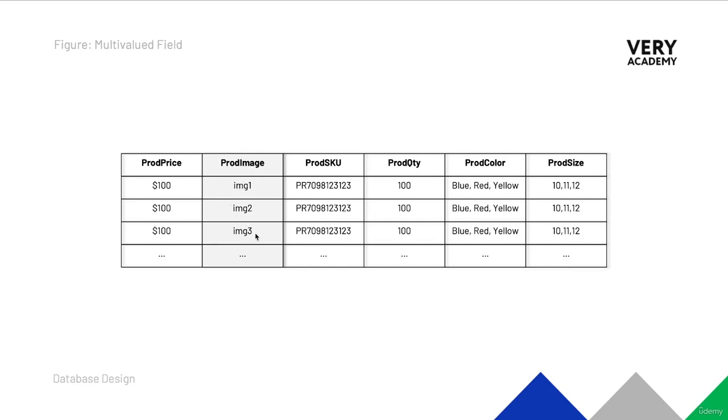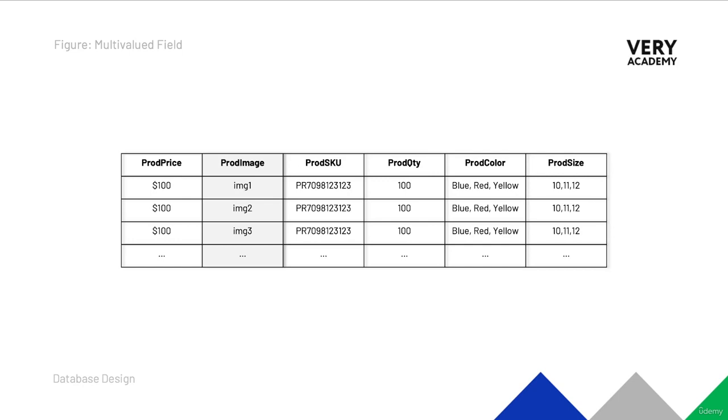So that's one approach. Now you can see here, this approach is going to generate a lot of redundant data. And what I mean by that is that there's a lot of data that's repeated. So this is just one product ultimately, and we're having to generate that 3 times. So the price, the product SKU, quantity, and the colors and so on, which we'll ignore for now. You can see that that has to be generated 3 times.